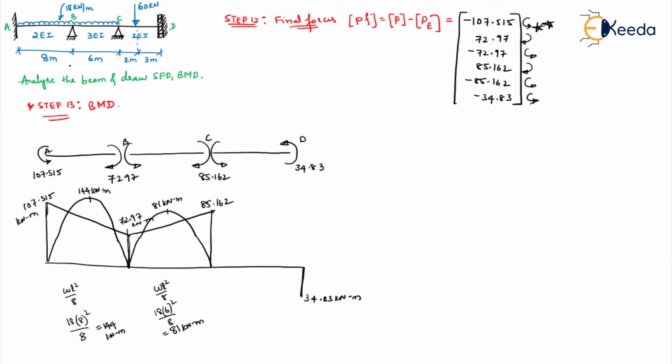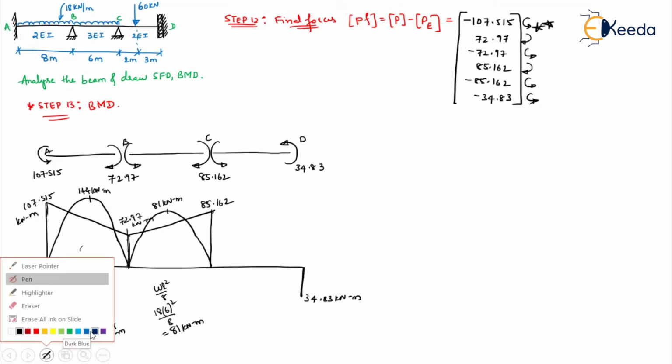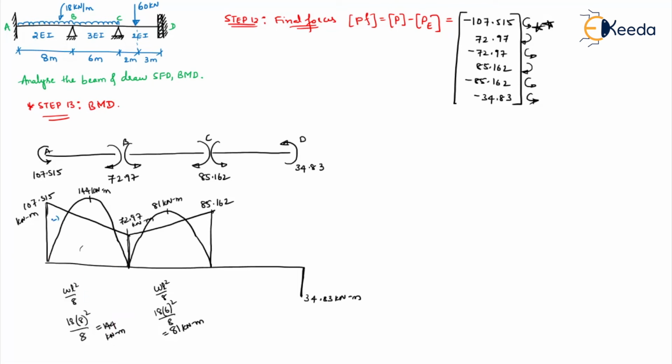Loading will sag the beam, hence it is a positive bending moment. The fixed end moments are hogging the beam, so they will be negative bending moment portions. So this is an overlap or superposition portion. This will be negative, this will be positive. Here this will be negative, positive, negative. This portion we'll do at a later stage.